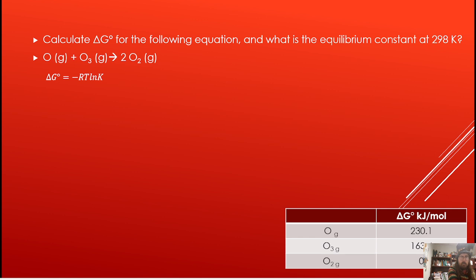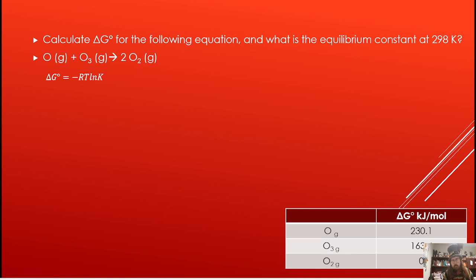What is the Gibbs for this reaction? O plus ozone goes to 2O2. So what's the Gibbs and what's the RT ln Q? O2 is going to be 0, and the others are 230.1 and 163.4.